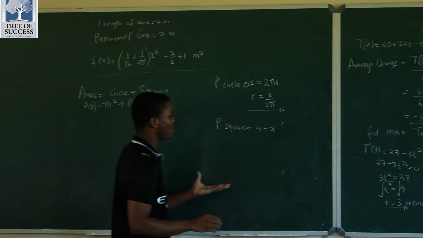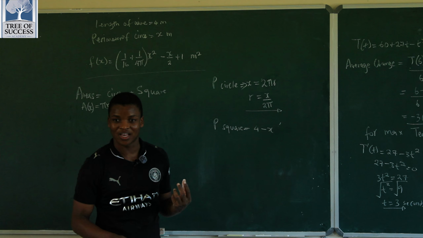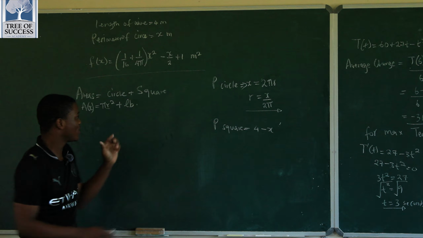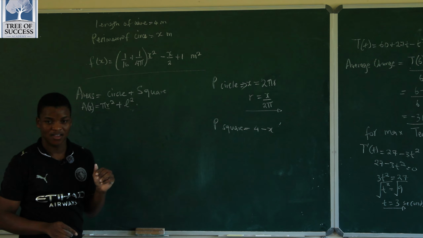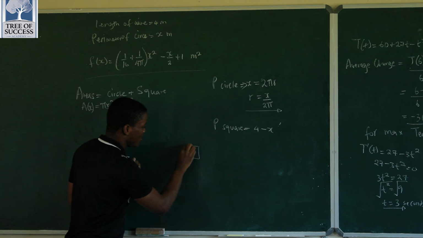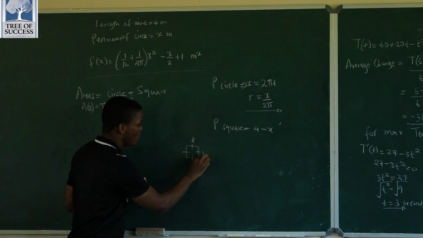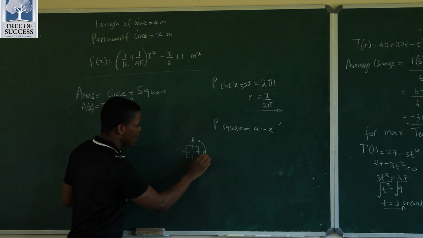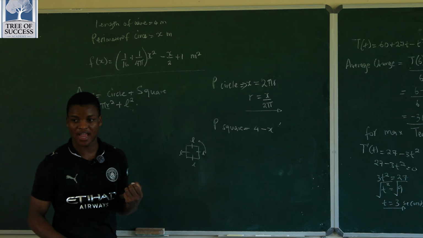How do you calculate the perimeter of a square? We know that in a square all sides are equal, so the length and breadth of a square are equal. You can just write this as all lengths, or all breadths, right?